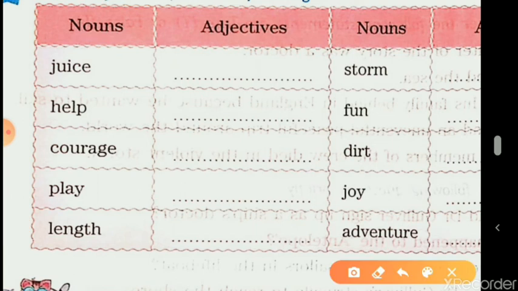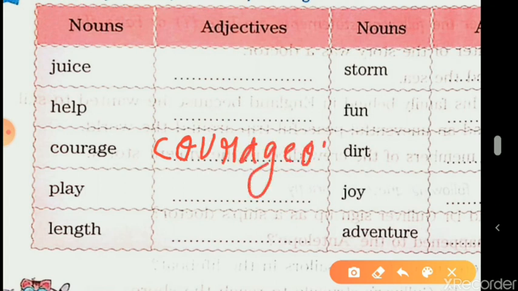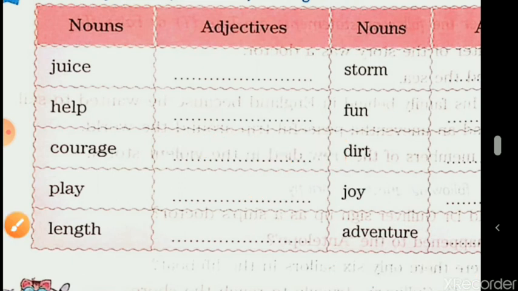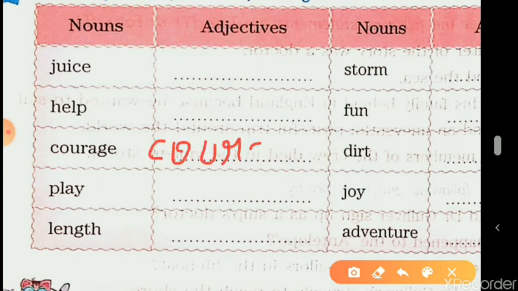इसमें हम क्या करेंगे, लास्ट में सेम स्पेलिंग रहेगी बट इन द एंड विल बी एडिंग OUS. So courageous.